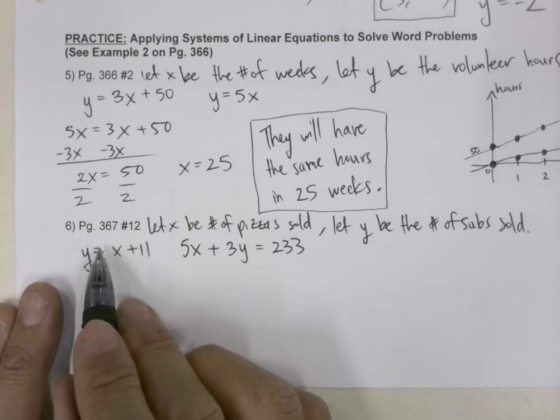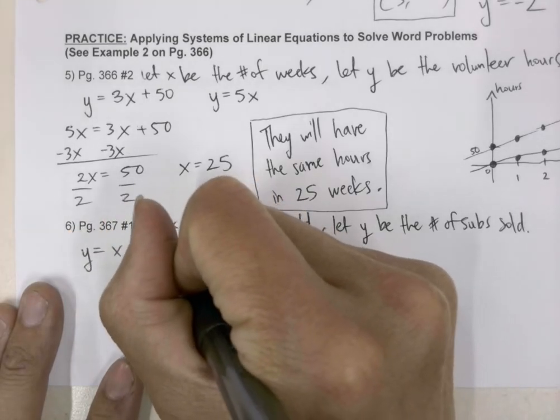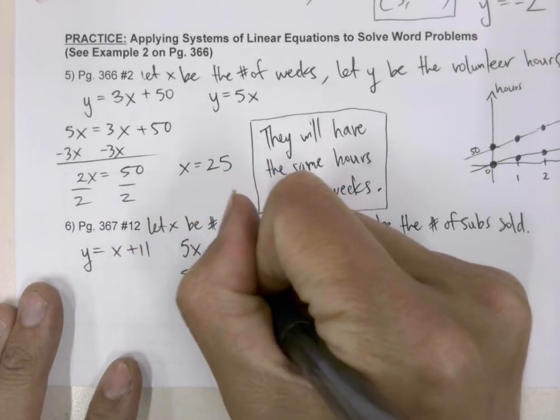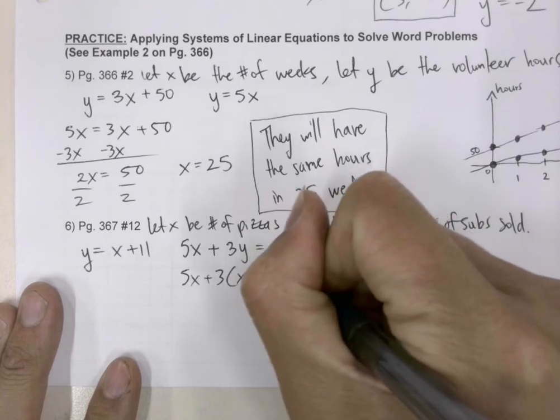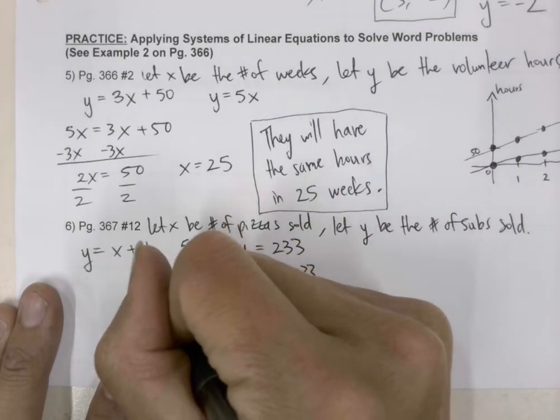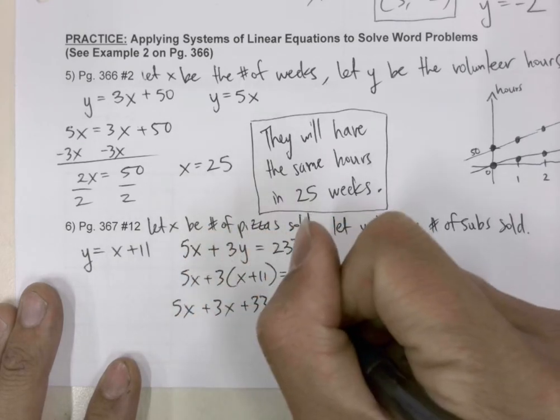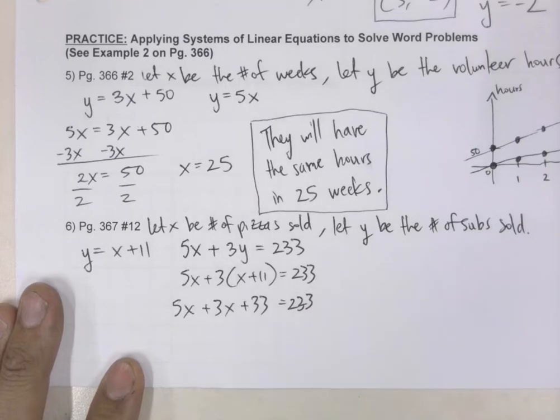We're going to substitute x plus 11 instead of y in the second equation, and that's going to give us 5x plus 3 times x plus 11 is equal to 233. We're going to distribute, and we get 5x plus 3x plus 33 is equal to 233. Then we'll combine like terms on the left side.